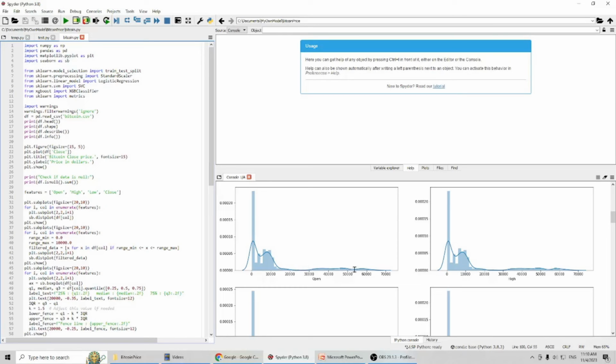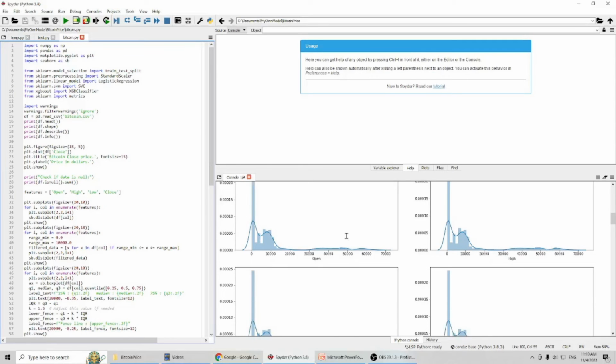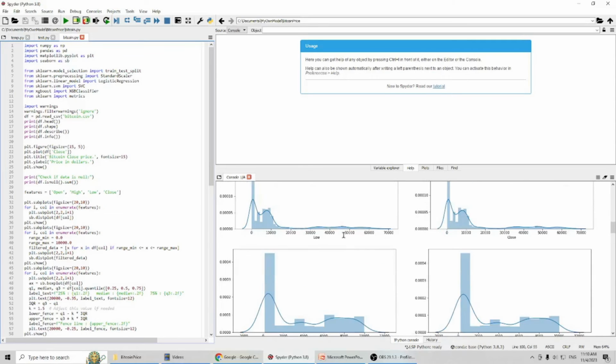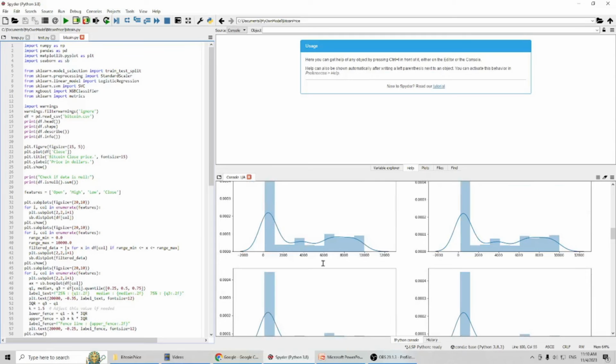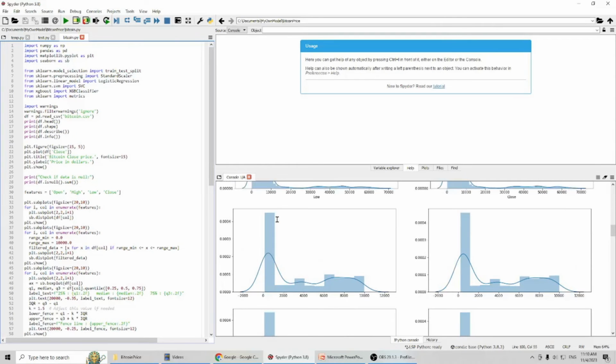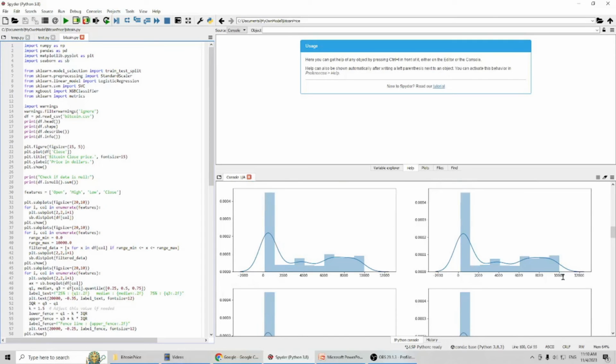Of course, some price can go up to 70,000. Okay, let's draw a graph only for this area. You can see the price distribution look like this.